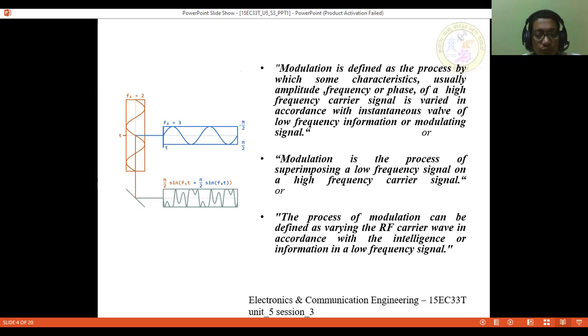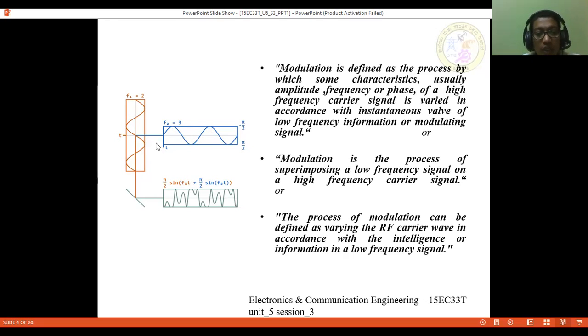In the modulation process, this is the low frequency signal and this is the high frequency signal. Suppose we consider the instantaneous values, that is, the points varying with respect to time. A sinusoidal signal has some frequency with a certain amplitude and some phase.